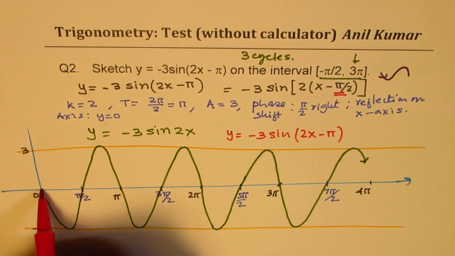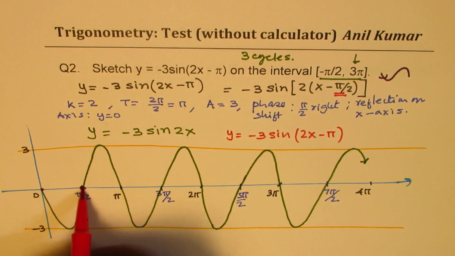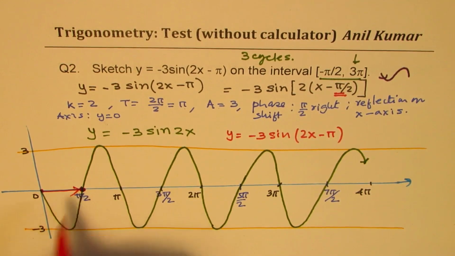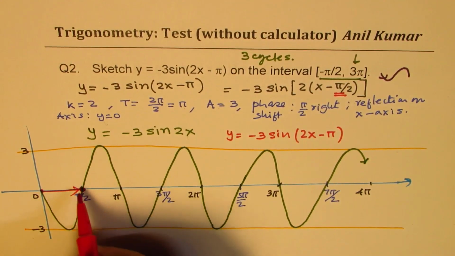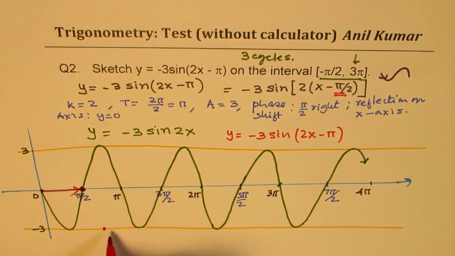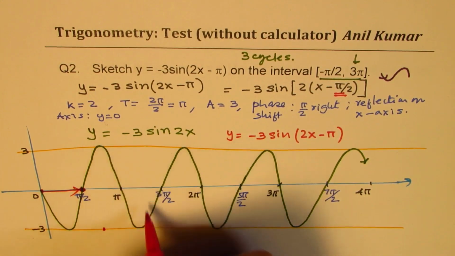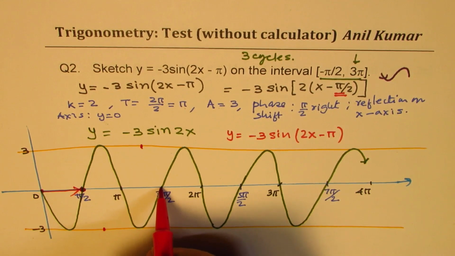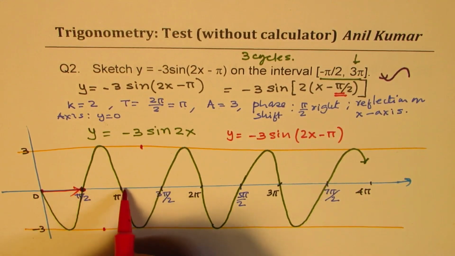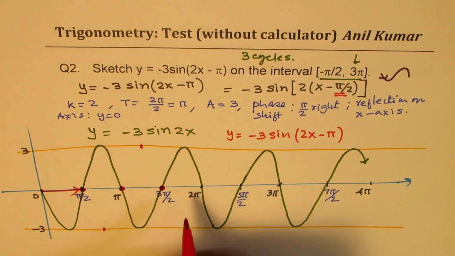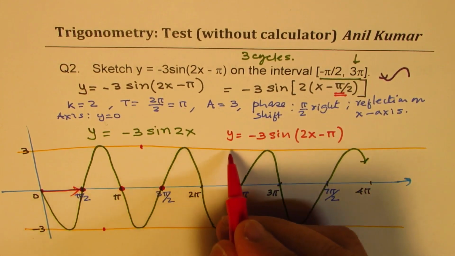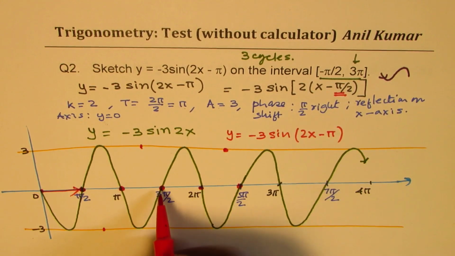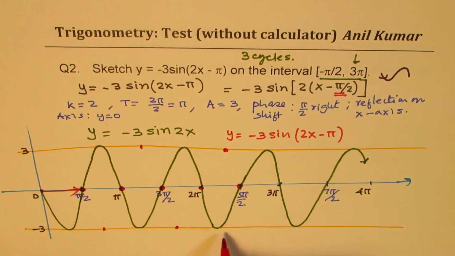Let's talk about zeros. This point here will shift to that. So this 0 is going to shift, and our graph will start from here. Then the minimum shifts by pi by 2, in between, right? This 0 goes there, and that 0 comes on this point. Likewise, we shift each and every point by pi by 2.